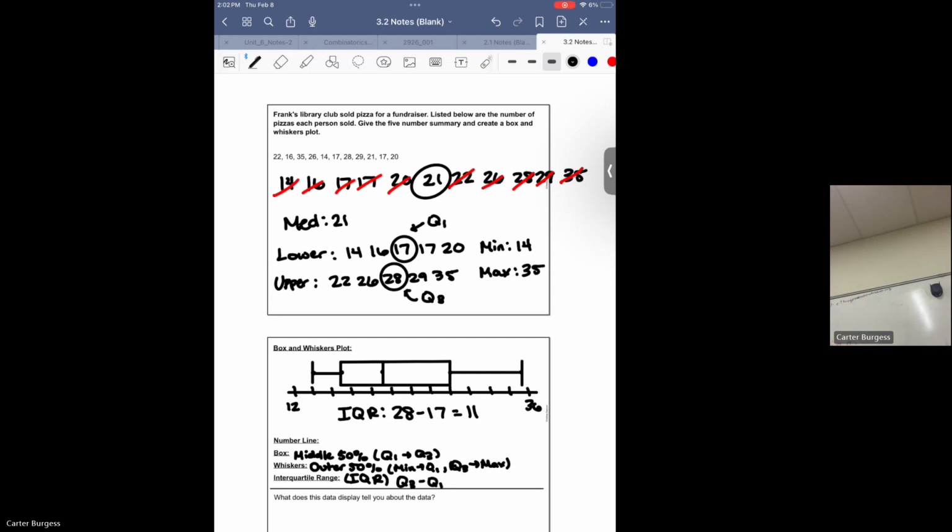Okay. So we've got 2 to the left, we've got 2 with 17. How much data is going to be to the right? 7 out of 11, which is roughly 63.6%.